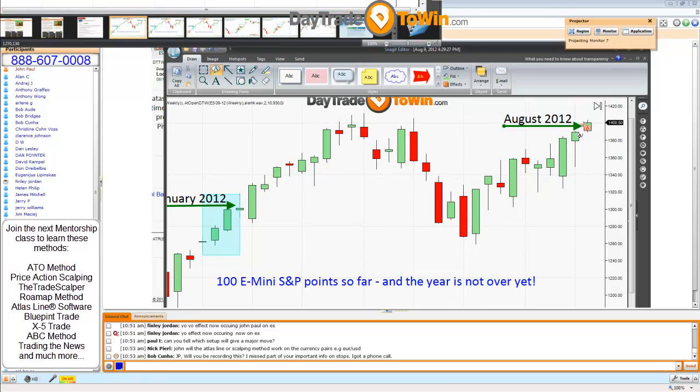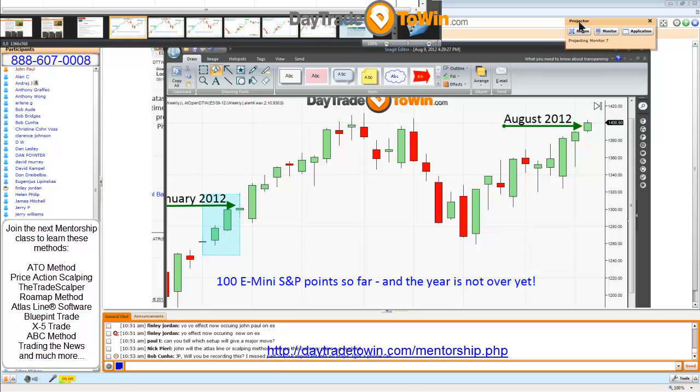Another 100-point move. Now, I don't want to say that this is always the case, but the way the prediction goes, this effect, is that we are going to have a higher close at the end of the year compared to January's closing price.